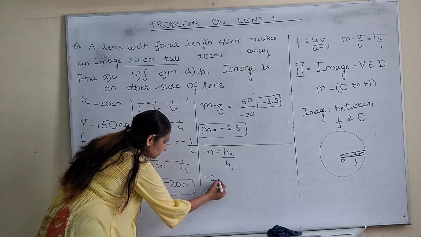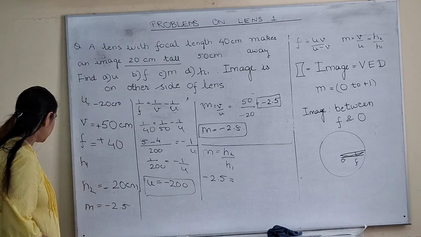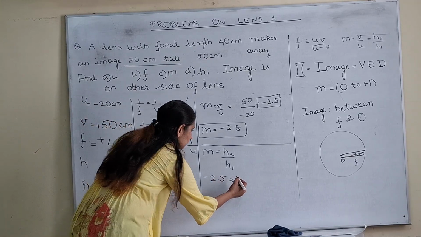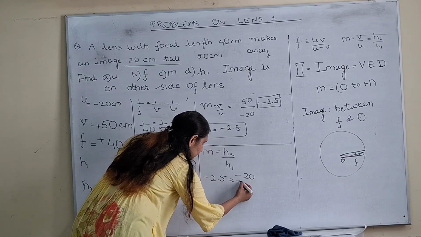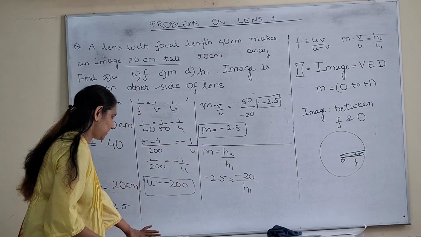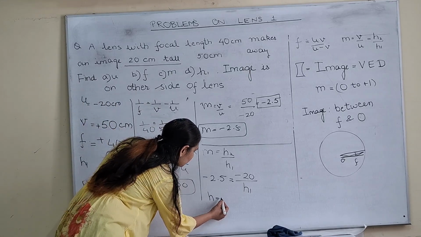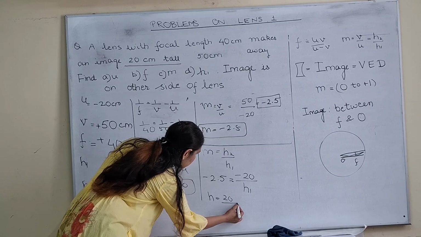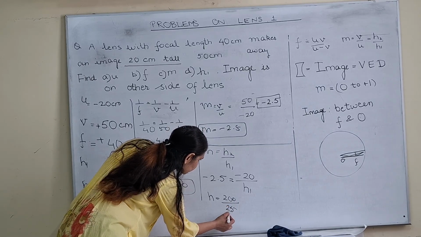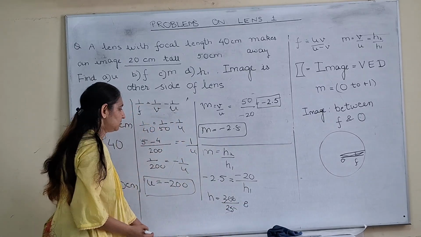Magnification we know is equal to, h2 is minus 20, and height of object is h1. So if I calculate this, 20 upon 2.5, the object height is 8 centimeter.